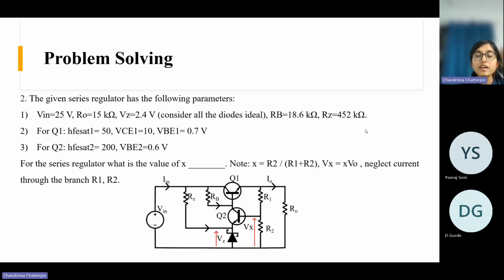So how will we calculate? Can anybody give any clue, like how should we proceed here?